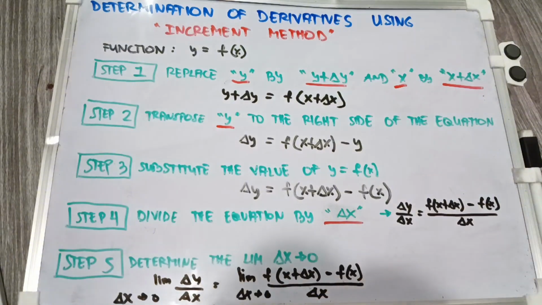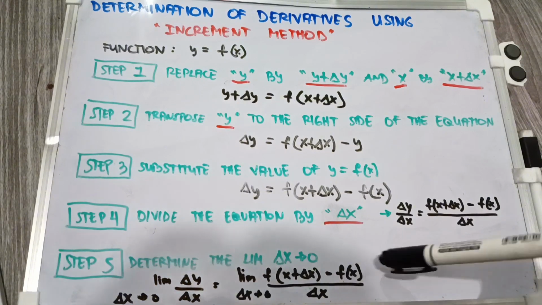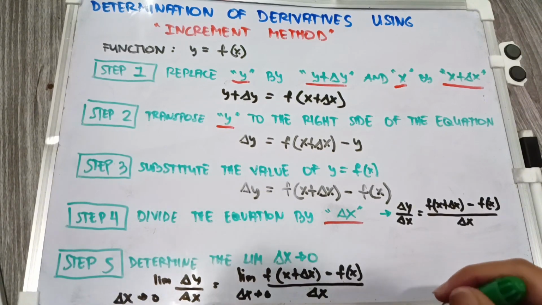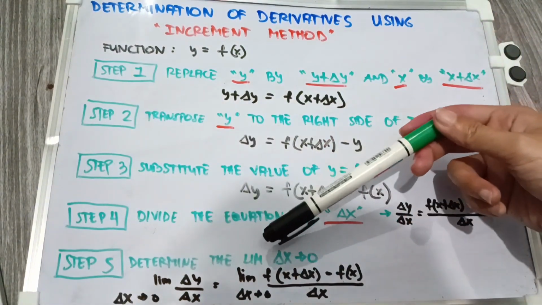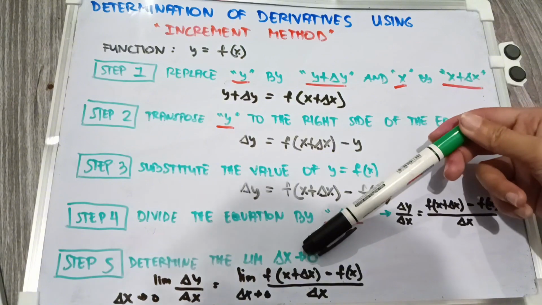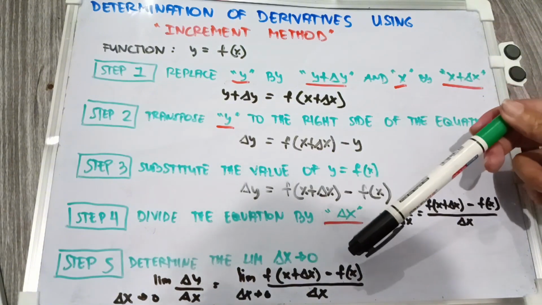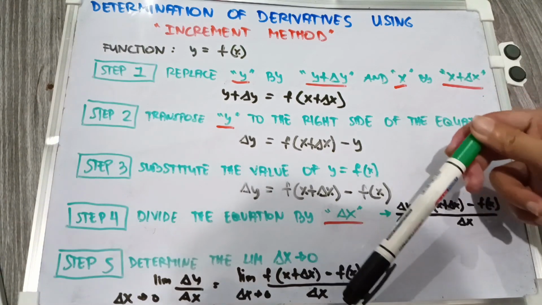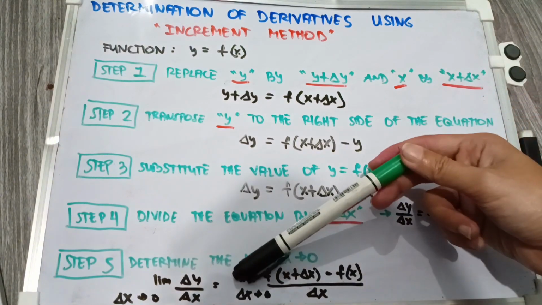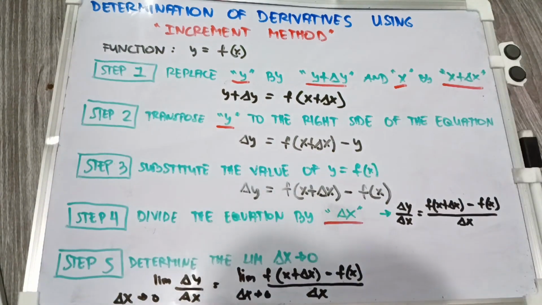And our last step is determine the limits as delta x approaches to 0. So our final formula is the limit of f of x plus delta x minus f of x divided by delta x as delta x approaches to 0.